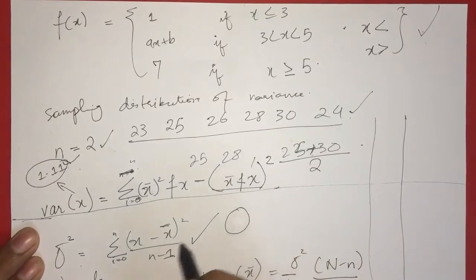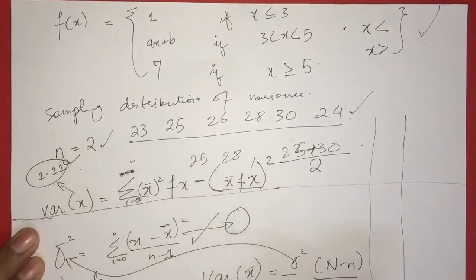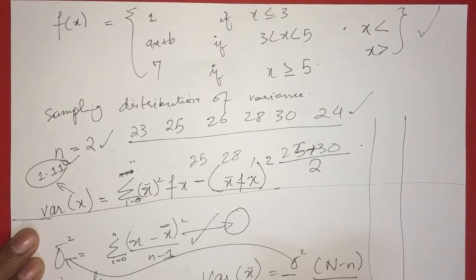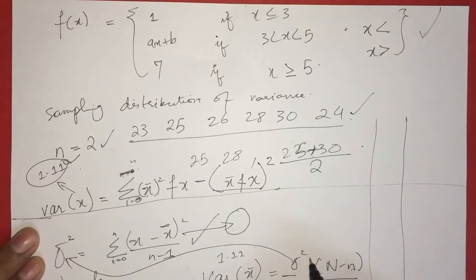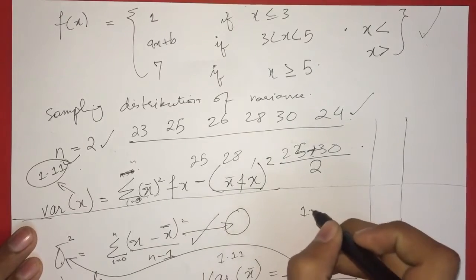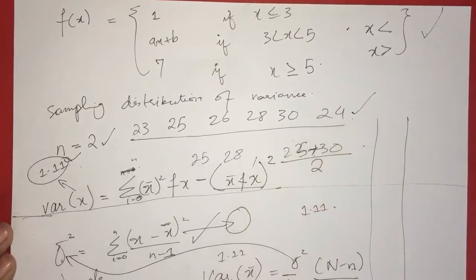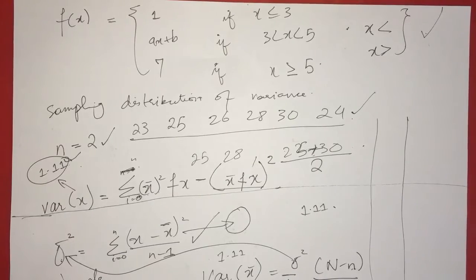Here n is your sample size, and the variance of x was your 1.11. Once we put this sigma square into this formula, we got the same 1.11. So this proves that our inference about the population variance from the sample variance was correct. Alright guys, thank you very much.